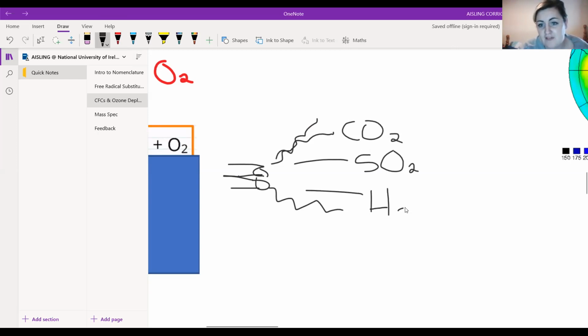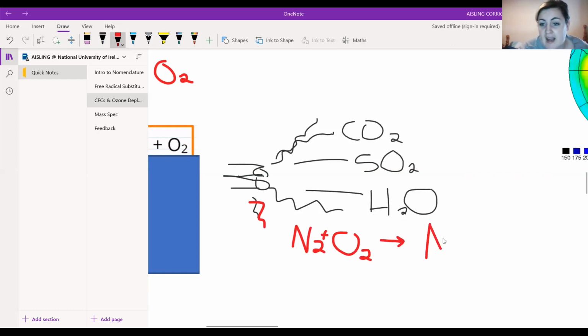And as a byproduct, this combustion engine is going to heat up an awful lot. And this heat is going to force the nitrogen in the air, N2, to react with the oxygen in the air, okay? And it's going to make NOx, X meaning it can have a range of oxygens.